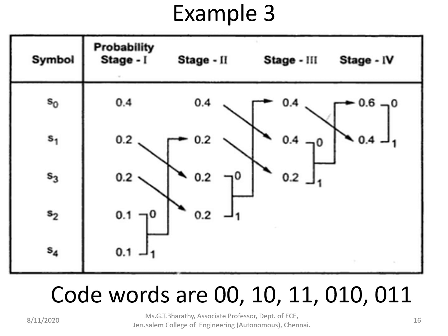For S2 it is 0 1 0. So 0 1 0 will be the code word. For the last case S4 it is 1 1 0. So 0 1 1 will be the code word.